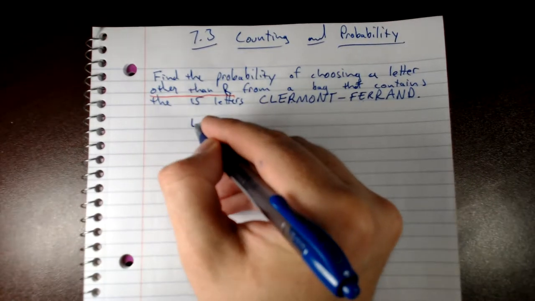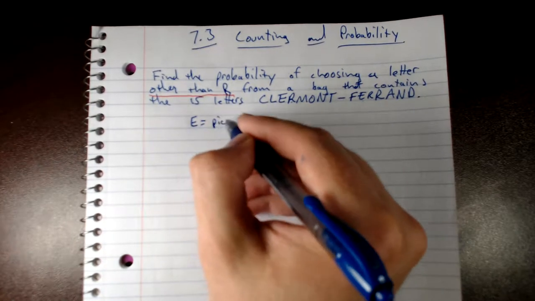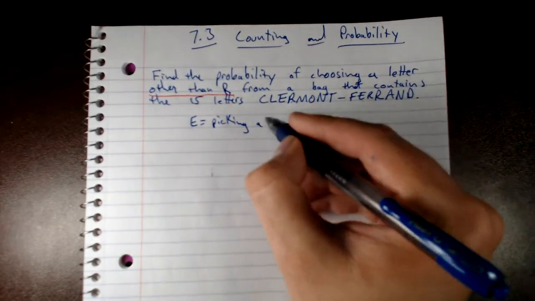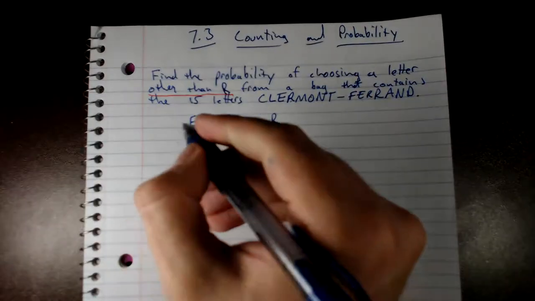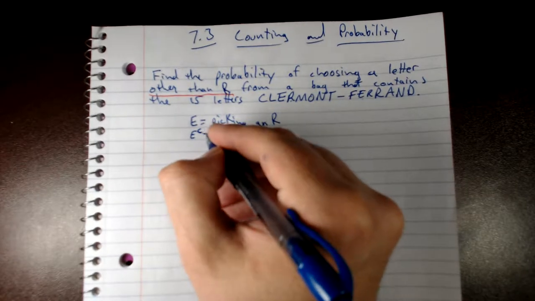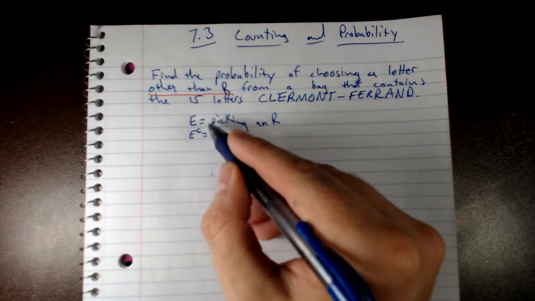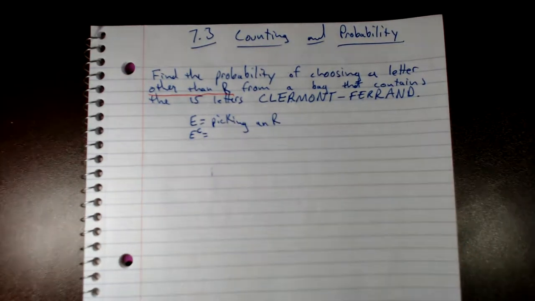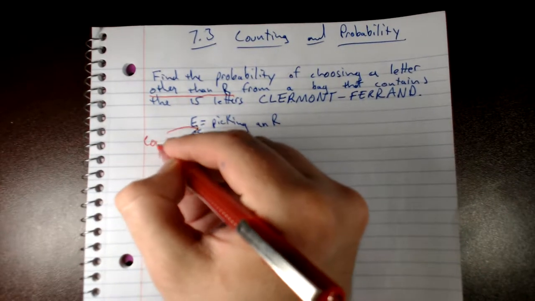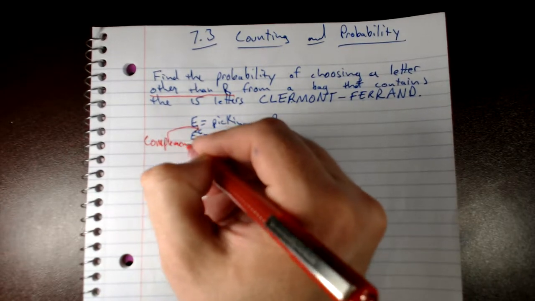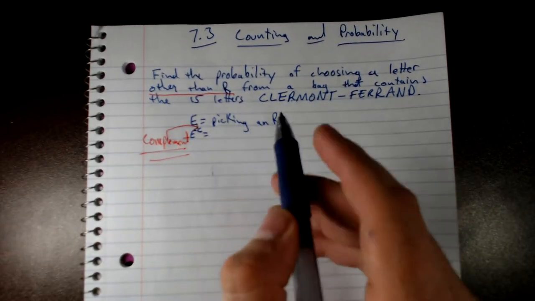So if we have an event that is choosing an R, something that you will see is some notation, a little C in the corner there. The complement of the event is the opposite. So that C is called the complement.